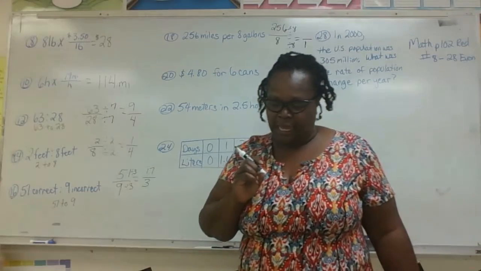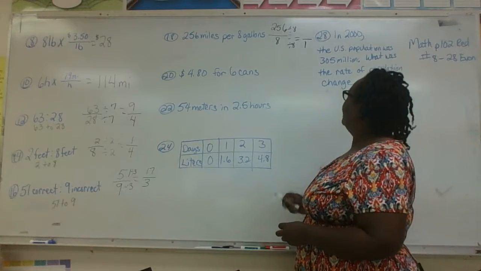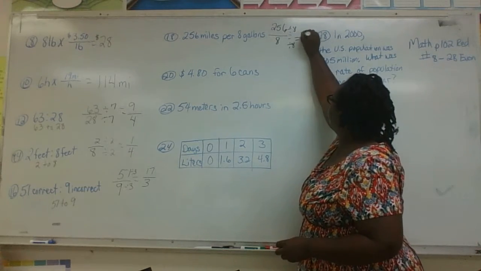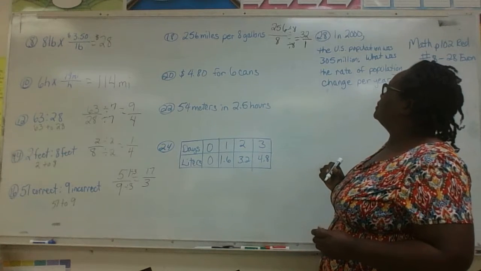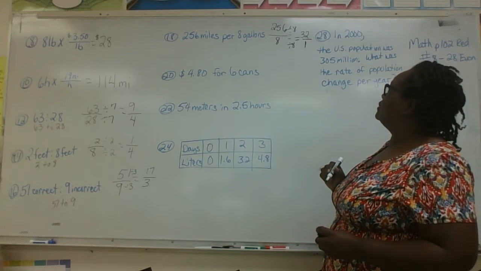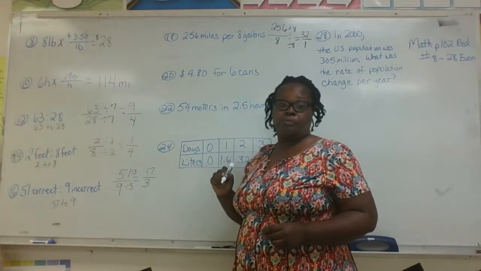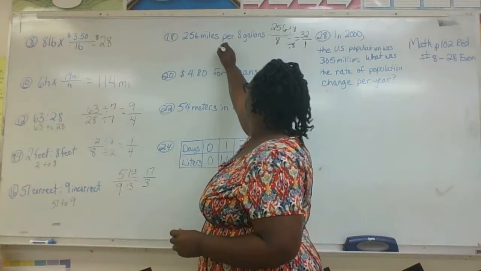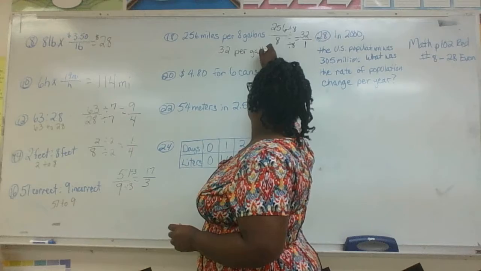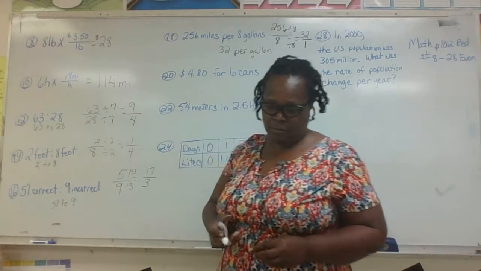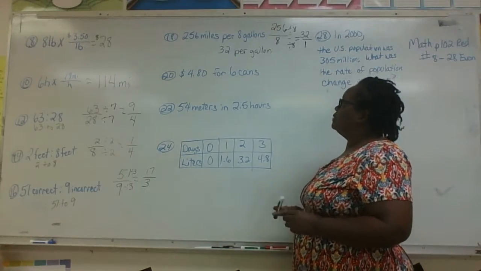Therefore, when we take 256 and divide it by 8, we would discover 32. And so the unit mileage per gallon is 32. So it is 32 per gallon. 32 miles per gallon.